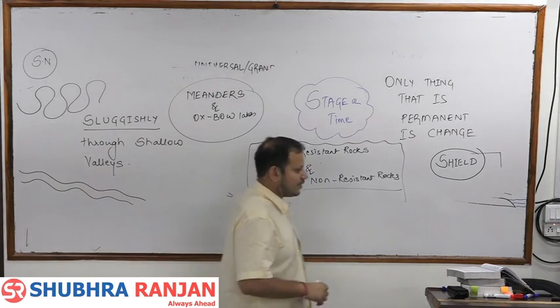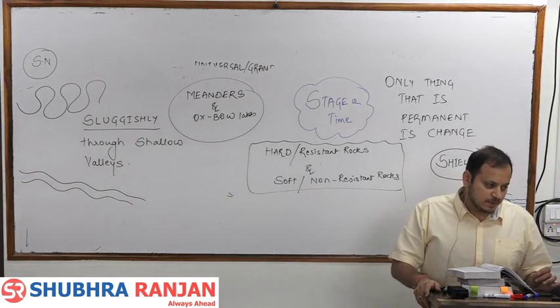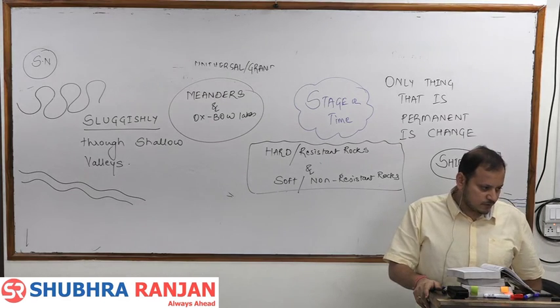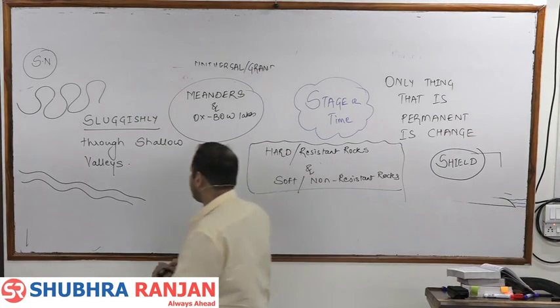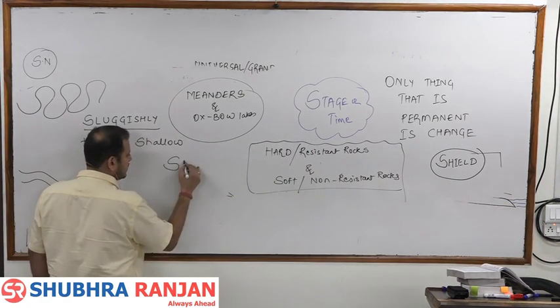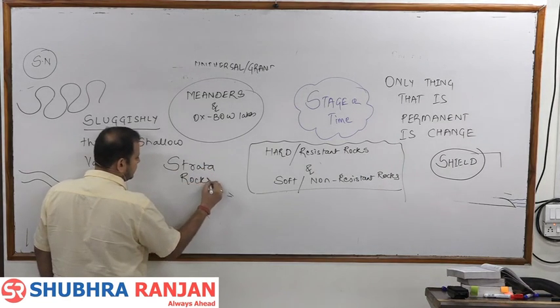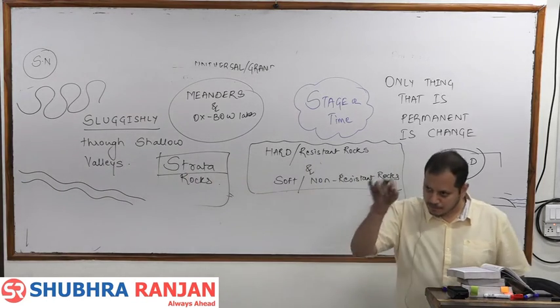Not your class. Oxbow lakes and meanders due to soft strata. Strata or soft rocks. Strata means nothing but layer of the rocks. But chalo, you can write the rocks also. Fine. Understood this?